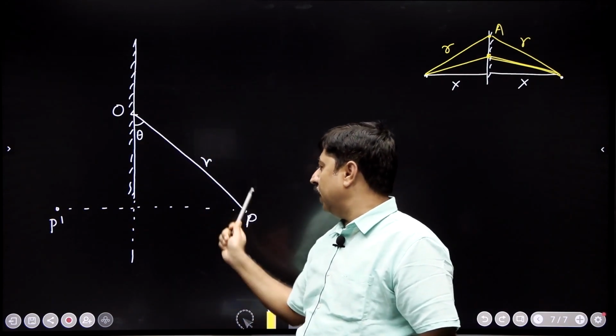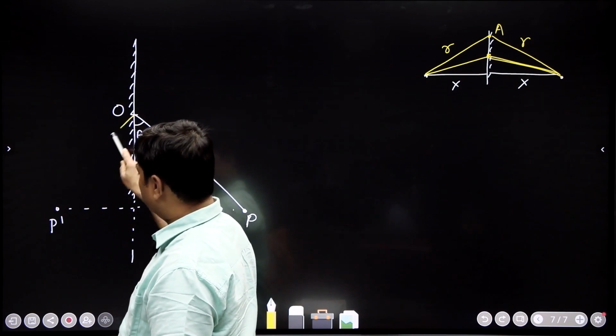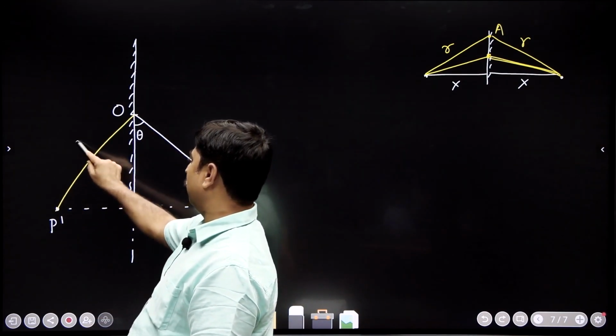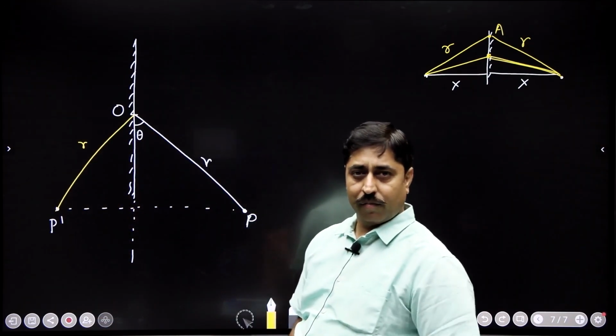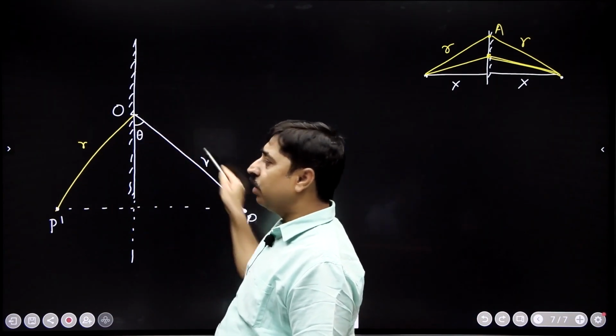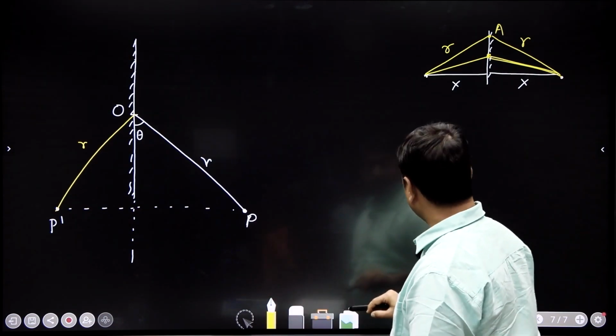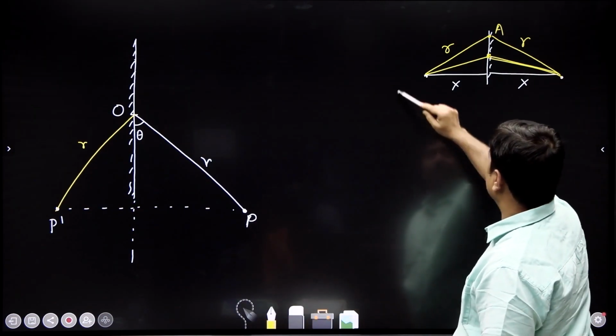So whatever be the distance of point P from O, the same is the distance of the image from point O. This distance will remain the same. For that matter, if you take O to be here, then also these two distances will remain the same.